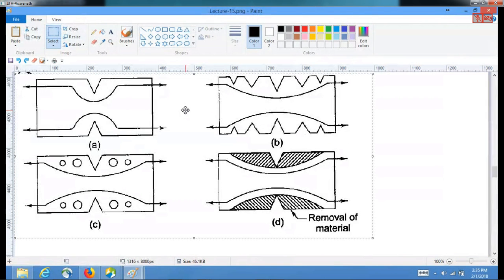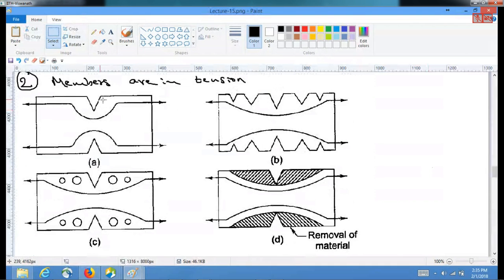So in this case, let's say you have a kind of V notch on both sides. This is a very abrupt change in the cross section, and both the ends are subjected to tension. Then you can see that the stress line bends in this given manner across the discontinuities and goes in this manner.